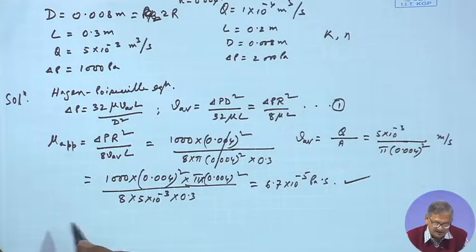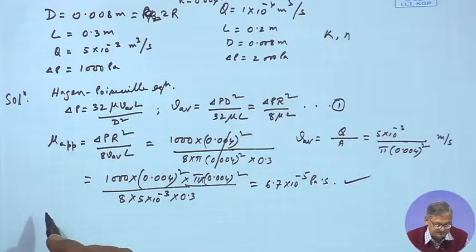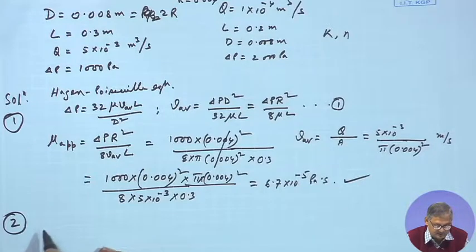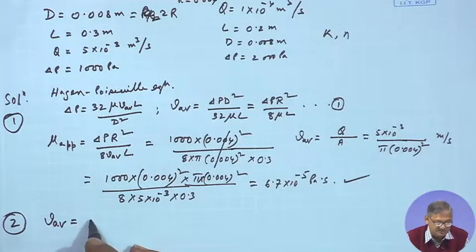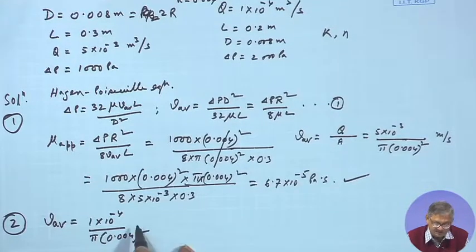Now in the second case we have to find V average. This is equal to 1 10 to the minus 4 Q divided by pi 0.004 square, right?